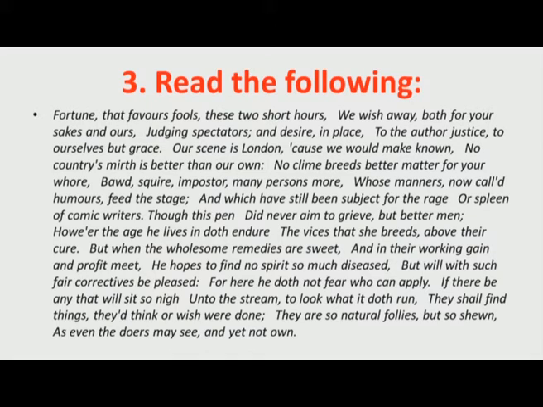No clime breeds better matter for your whore, bawd, squire, impostor, many persons more, whose manners now called humours feed the stage, and which have still been subject for the rage or spleen of comic writers, though this pen did never aim to grieve, but better men. However, the age he lives in doth endure the vices that she breeds above their cure.